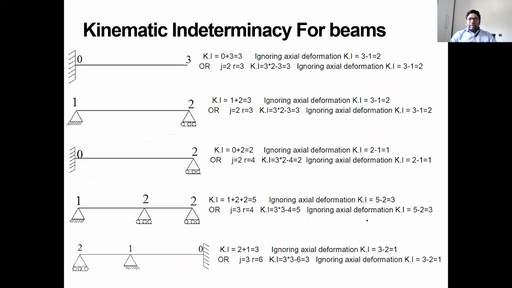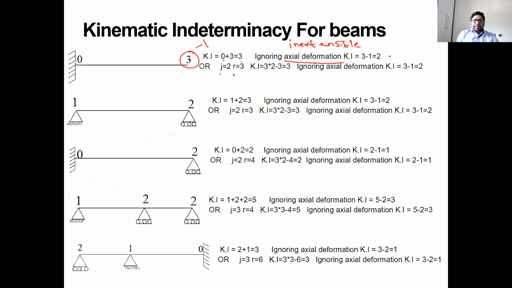Now let us try to take the examples of extensible and inextensible. All of you can carefully see here. Here we have 0 and at free end we have 3. So kinematic indeterminacy will be 0 plus 3, that is equal to 3. So if we ignore axial deformation, that means for inextensible, this will be deducted by 1, so that is 2.